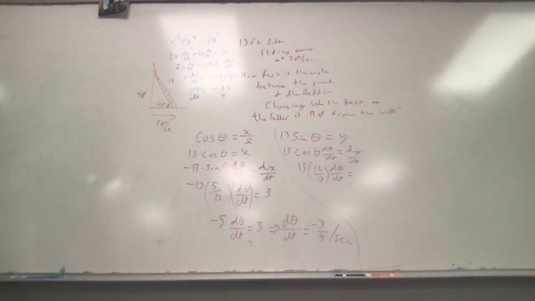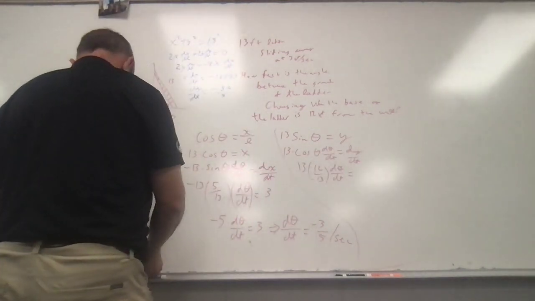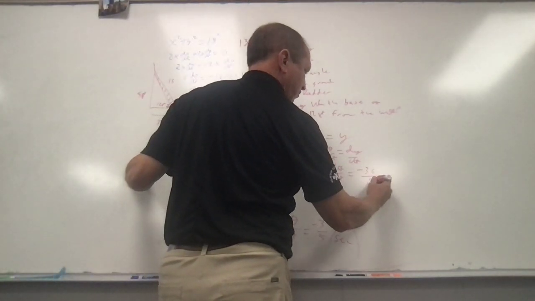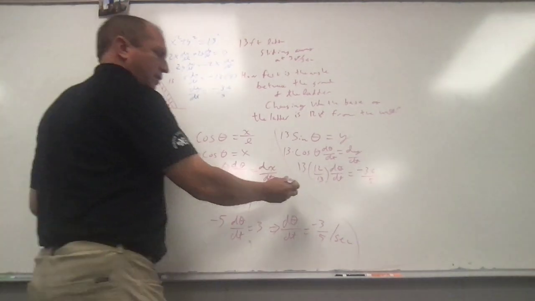Are we okay here? So dy dt here would be negative 36 over 5. All right, the 13s cancel out here.